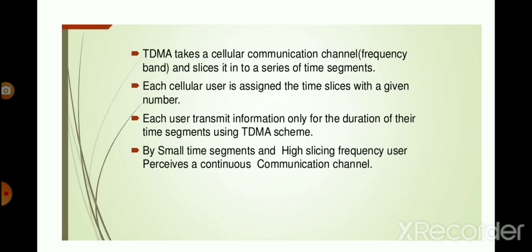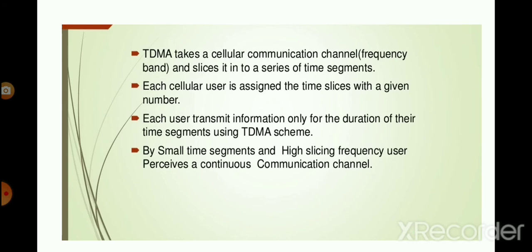TDMA takes a cellular communication channel and slices it into a series of time segments. Each cellular user is assigned time slices with a given number. Each user can transmit information only for the duration of their time segments using the TDMA scheme.